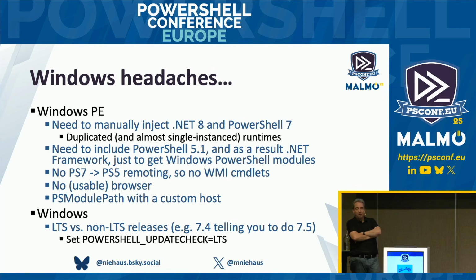The nice thing about a WIM file, when you create the Windows PE, is that files are single instanced. So as long as they're the same versions between the .NET 8 install and the PowerShell install, we only end up with one captured in the WIM. You would think that they would be identical between the two, but they're not always.